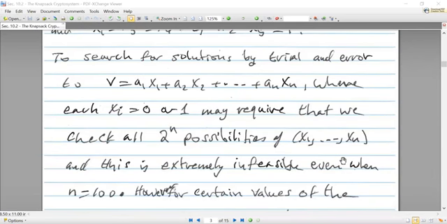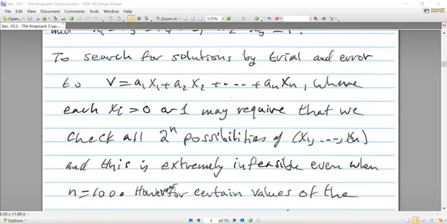As you can see, for large values of n, this is extremely infeasible. For example, if n is equal to 100, this is 2 to the power 100. It's a very large number, a number that doesn't even have a name, and it is hard to use this trial and error, or what we sometimes call the brute force method.